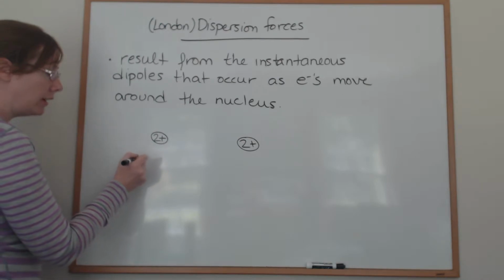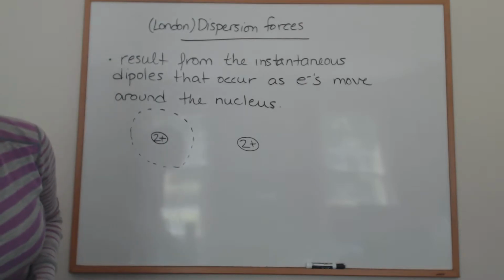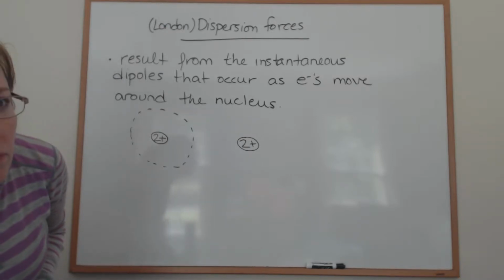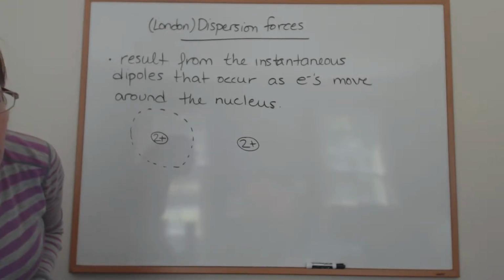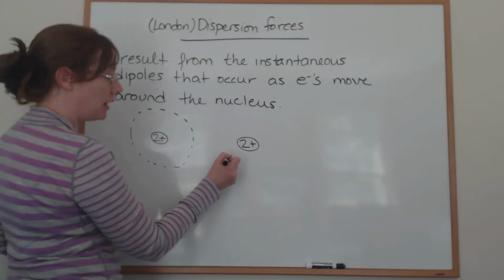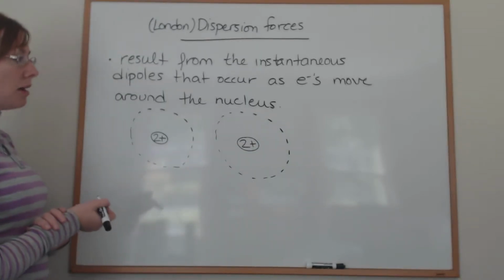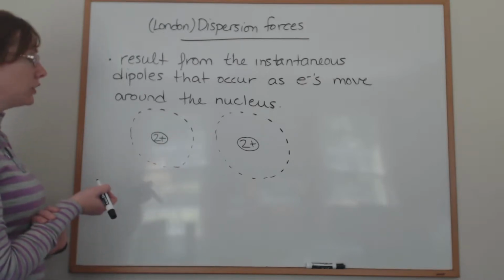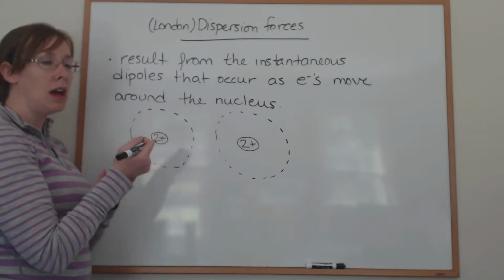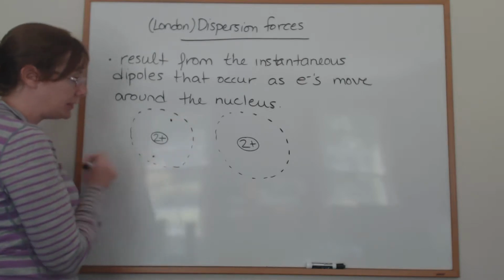And of course, you've got their electron cloud, and you have 2 electrons in each helium atom. We know that the electrons are living in the 1s orbital, and sometimes they might be on opposite sides of the nucleus.